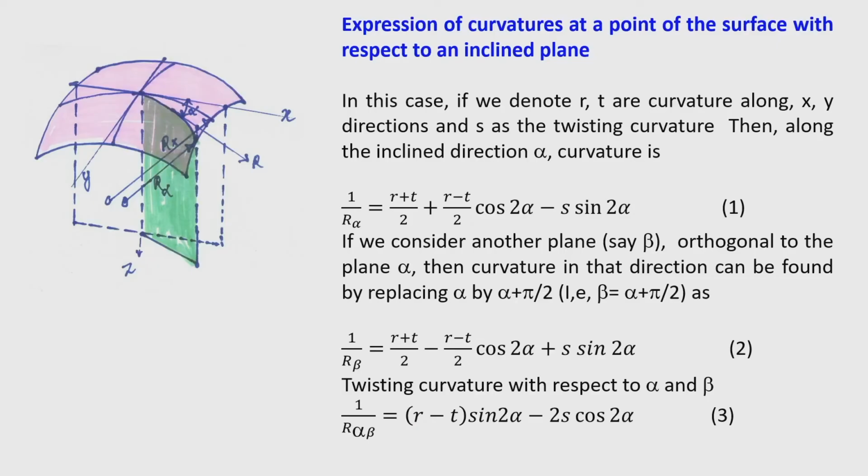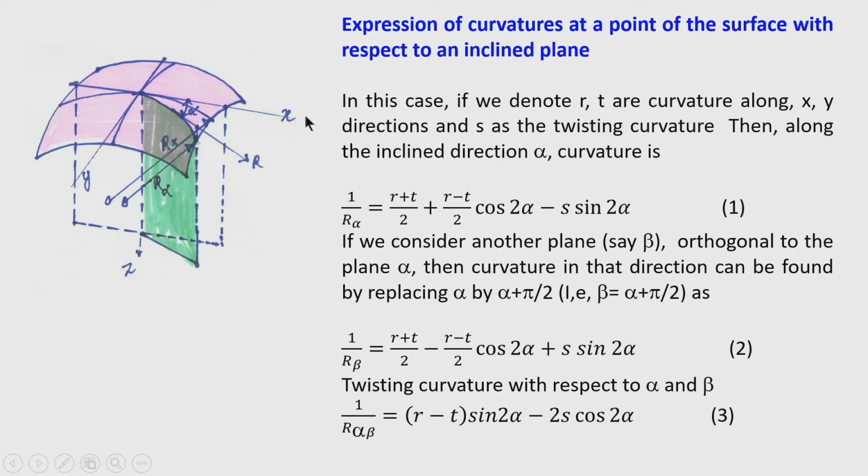If the new direction is alpha, we have to find the slope along the direction alpha, so del z by del alpha and del square z by del alpha square. Making this transformation of the derivatives in other directions, we get 1 by r alpha equal to r plus t divided by 2 plus r minus t divided by 2 cos 2 alpha minus s sin 2 alpha.